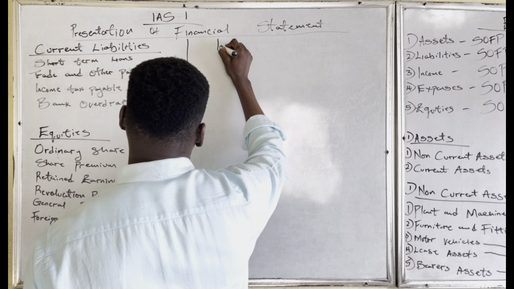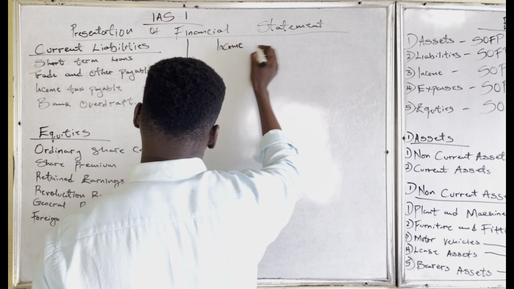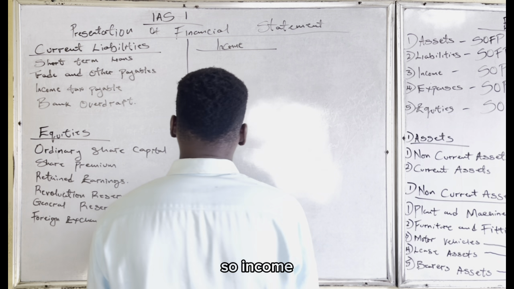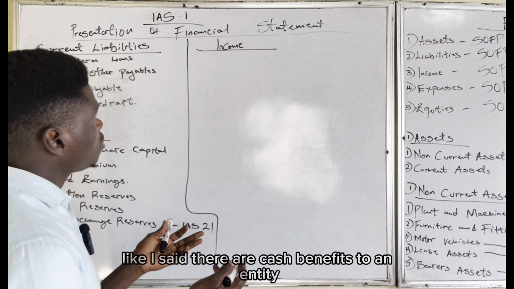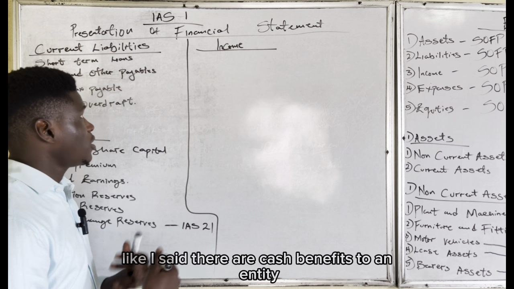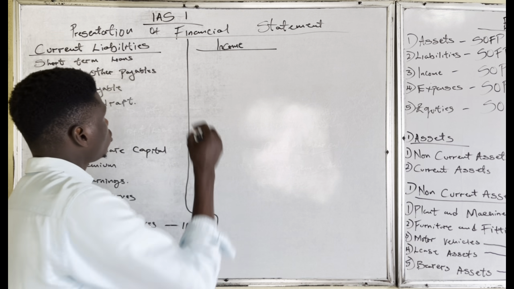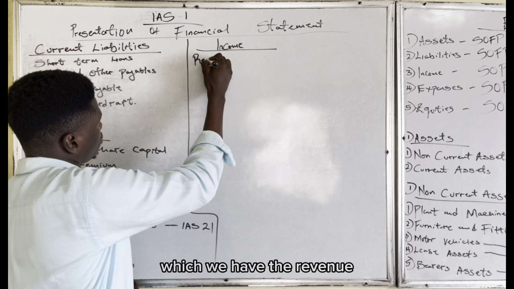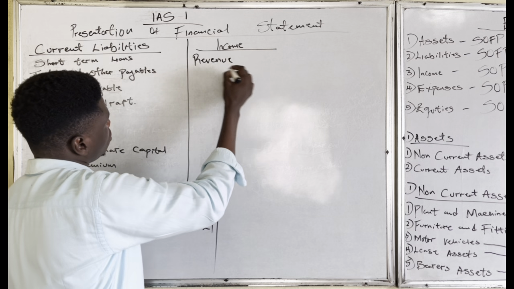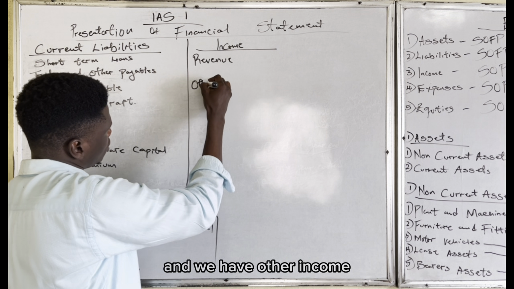to income. So income, like I said, there are cash benefits to an entity. So income is basically divided into two, which we have the revenue and we have other income.